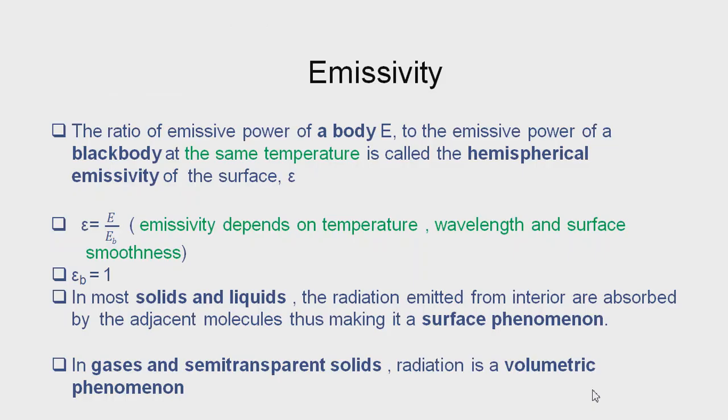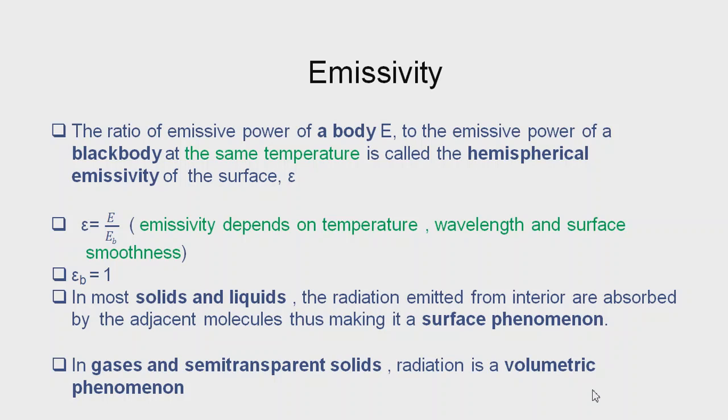Now, until now we have discussed the black body, which is a perfect emitter. For considering real emitters, we will introduce a new term called emissivity. The ratio of the emissive power of a body to the emissive power of a black body at the same temperature is called the hemispherical emissivity of the surface.